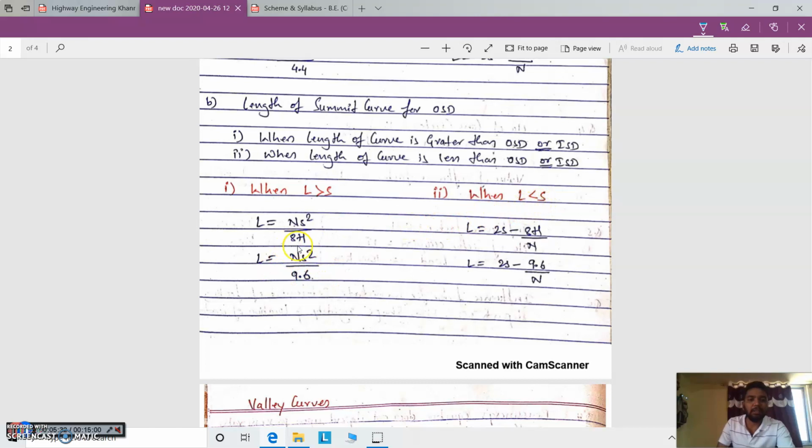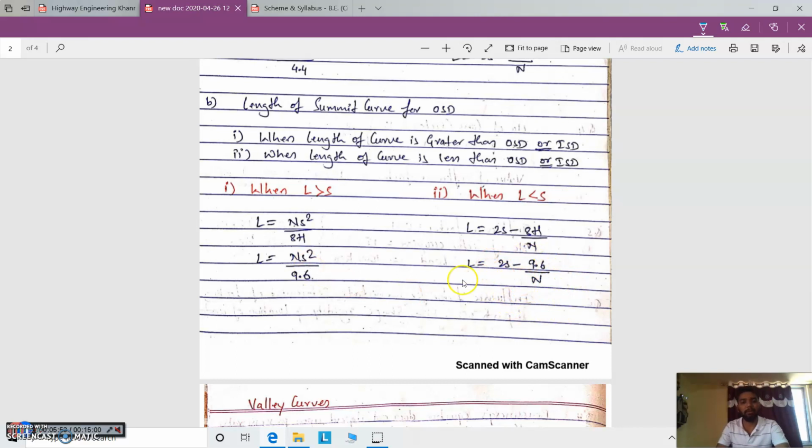In that case, h is the height of the driver's eye, substituted on both sides, and you will get N square S square by 9.6. N is the deviation angle and S is the sight distance, that is the overtaking sight distance.